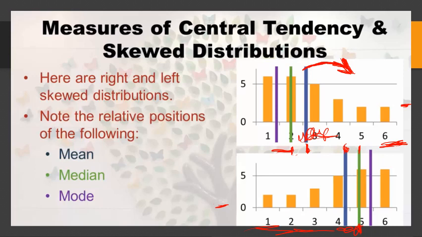Okay, and your mode is just wherever the most values are. So in this area where the mode is between the 1 and the 2, you could probably guess that you have a lot of values in this area.